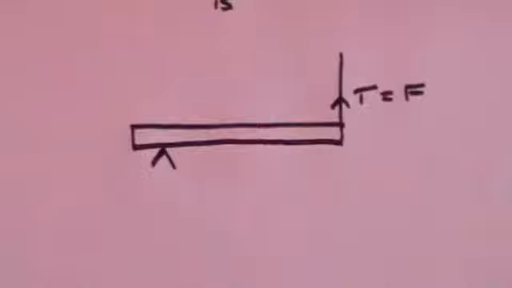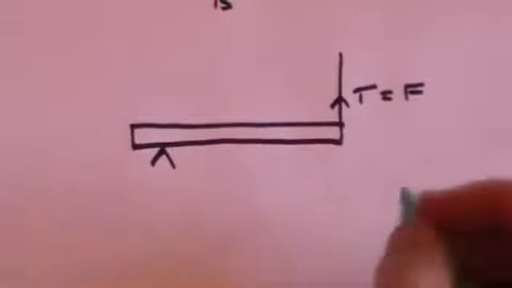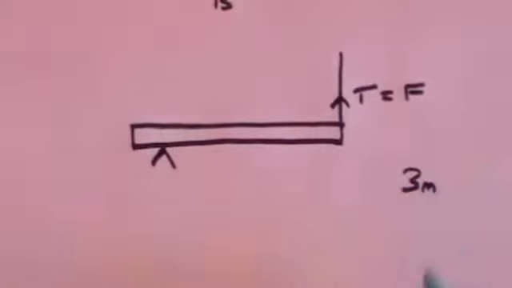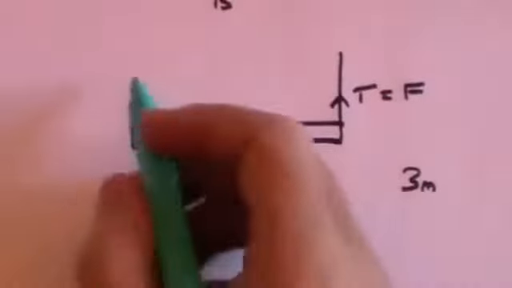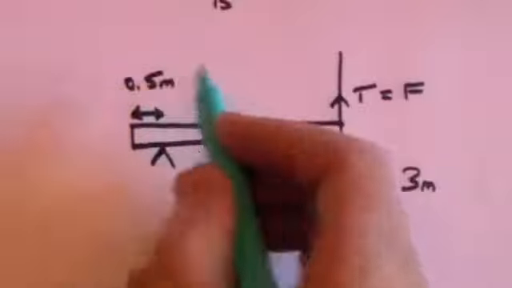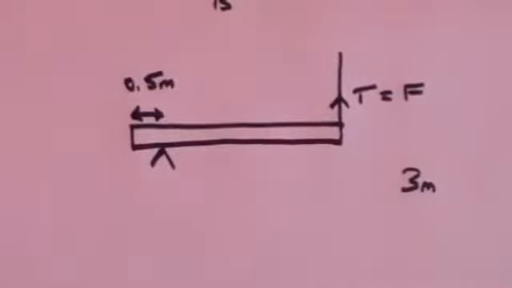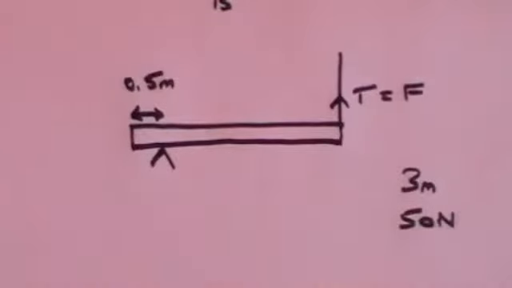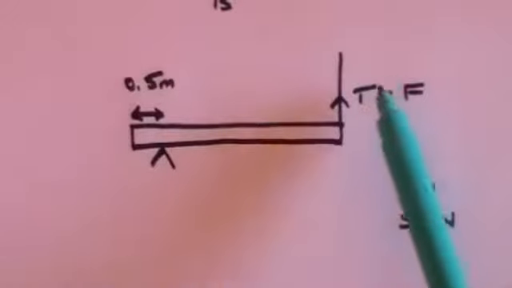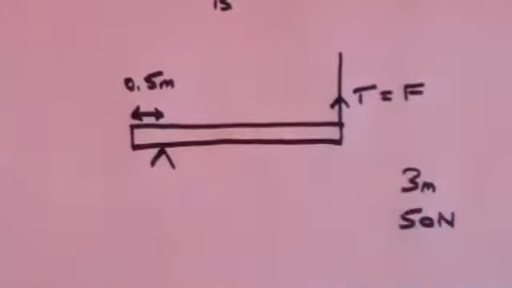I can tell you that the whole of the girder is 3 meters long, and that this bit that overhangs here is 0.5 meters. The entire weight of the girder is 50 newtons. And so what I'm asking is, what is the tension or the force in the steel cable?